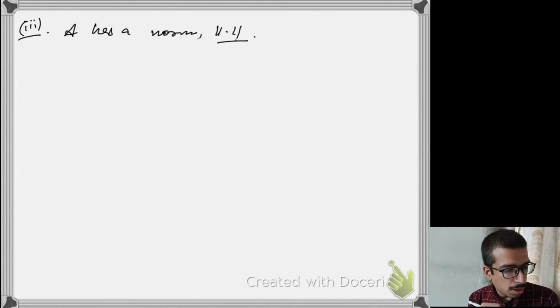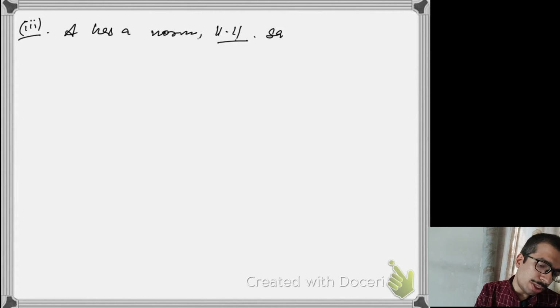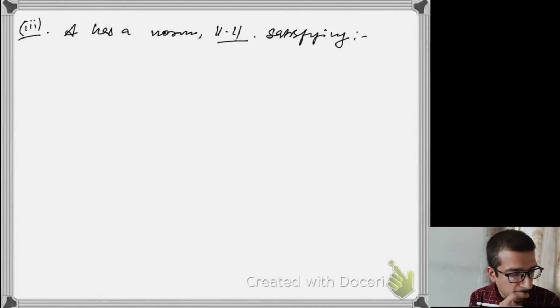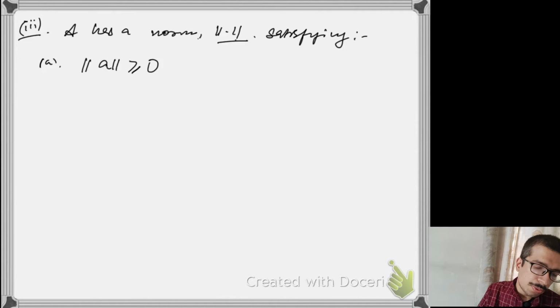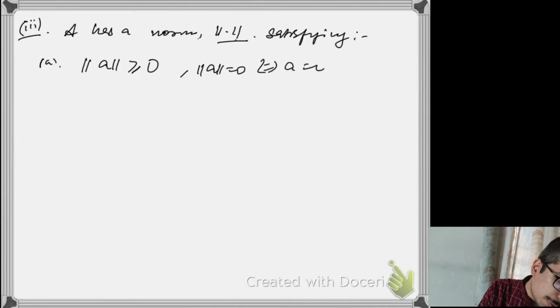The next additional thing we have is that it must also have a norm. Now, what does this norm satisfy? This norm must be an operation which satisfies that, firstly, the norm of any element is non-negative, and the norm of an element is 0 if and only if A is 0.